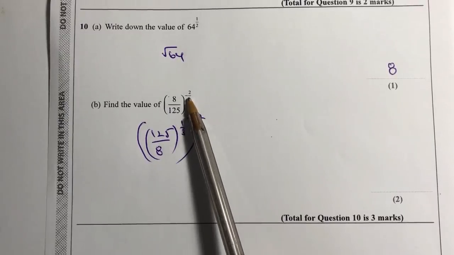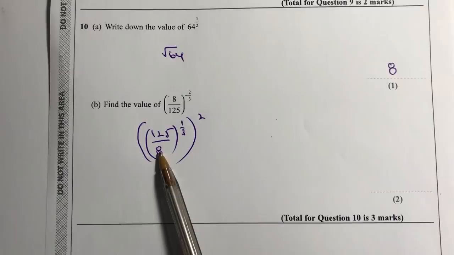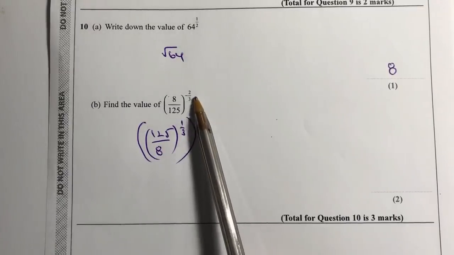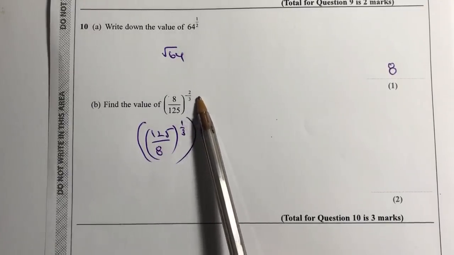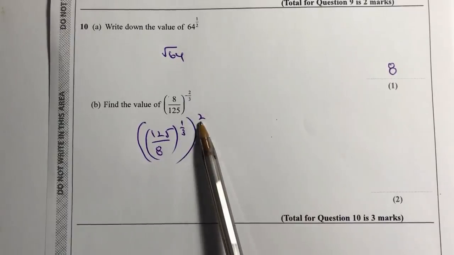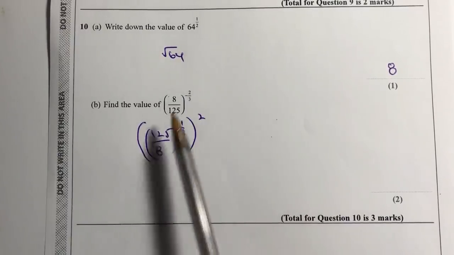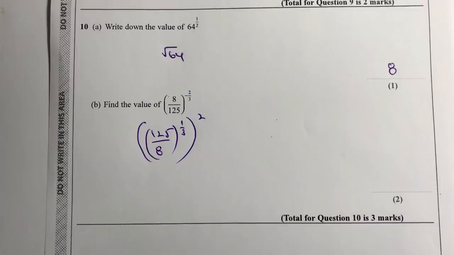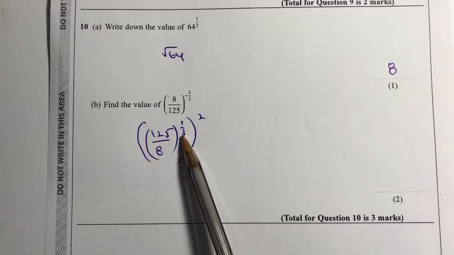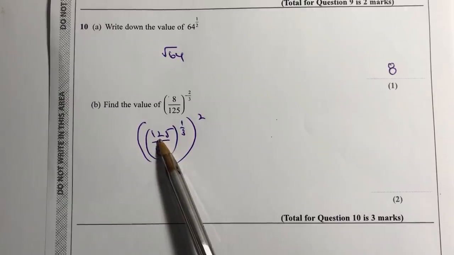Okay, so I've dealt with the minus because I've flipped it around. I've also now separated out this fraction here to be 1/3 times 2 rather than 2/3, and that means, as we did before in the previous question, you need to recognise that 125 to the power of a third is the same as saying the cube root of 125.